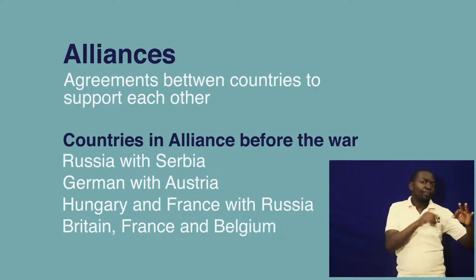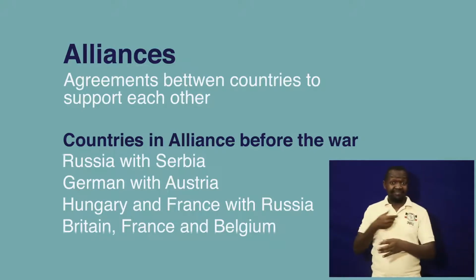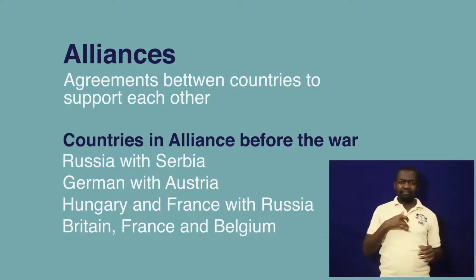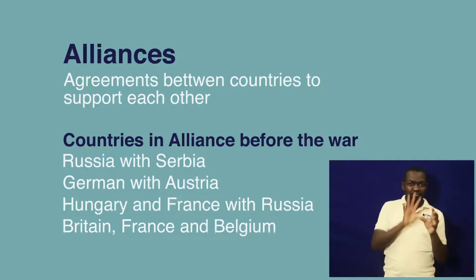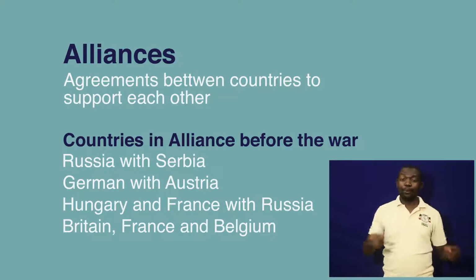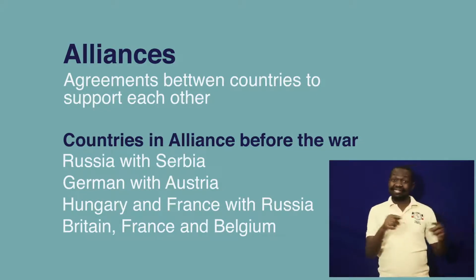These were already in alliance. And therefore, each of these countries felt they would get help from others and it forced them into a fight, into a war. So this cause is what we call alliances. That's the A.